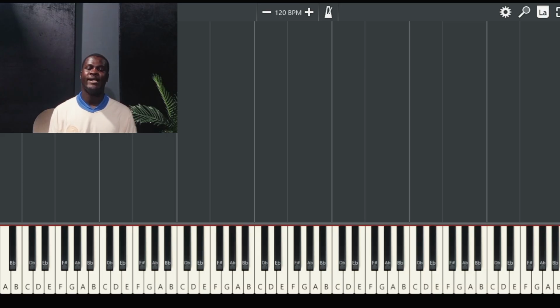So how do you identify which of those white keys is which? Because as you can see, it's just an array of white and black keys. If you look at your keyboard, you have your white keys arranged and your black keys arranged.